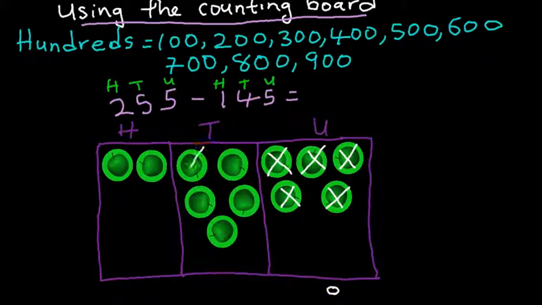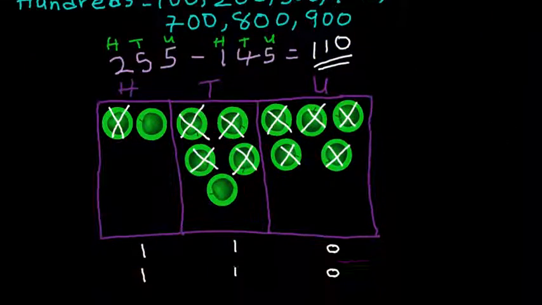Then 4 from the tens column: 1, 2, 3, 4. We have 1 left in the tens column. Then 1 from the hundreds column. We have 1 left in the hundreds column. So the answer is 110. You can see, so fast and so easy.